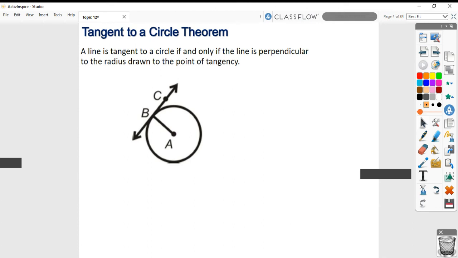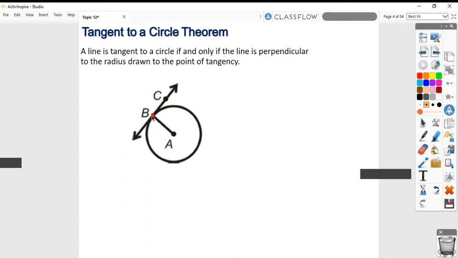Okay? In normal, everyday terms, this is saying if you have a circle and a tangent line is right next to it, that tangent line touches the circle at exactly one point right there. Okay? So line BC is tangent to circle A, and that is saying that that is the case.